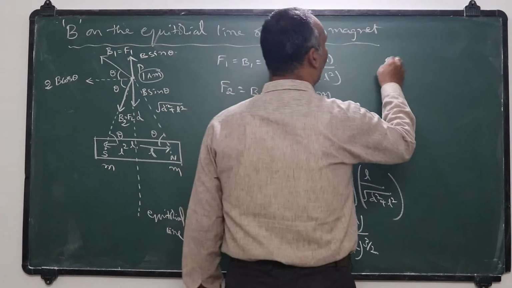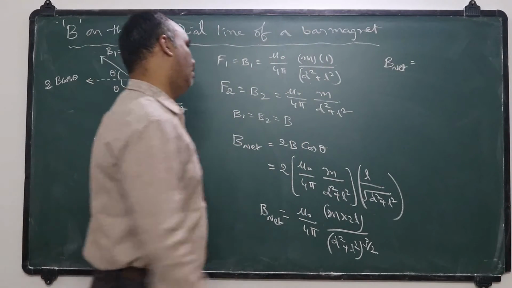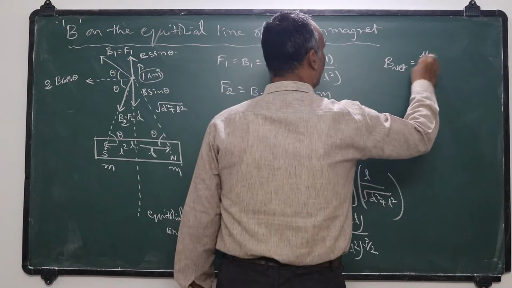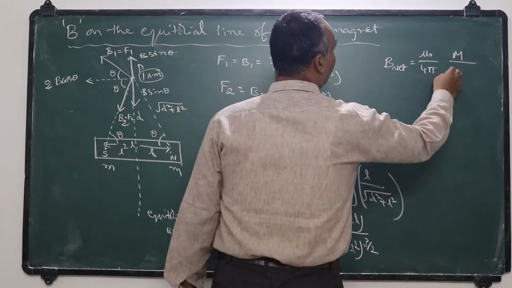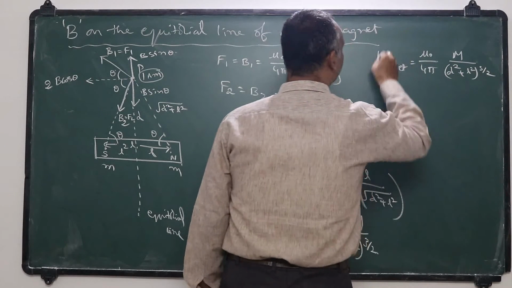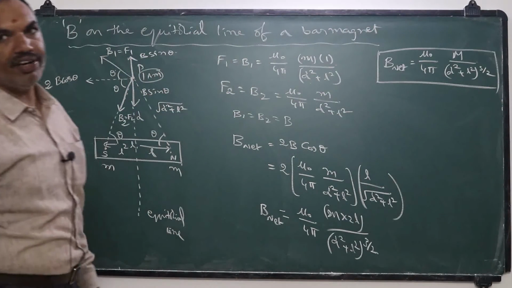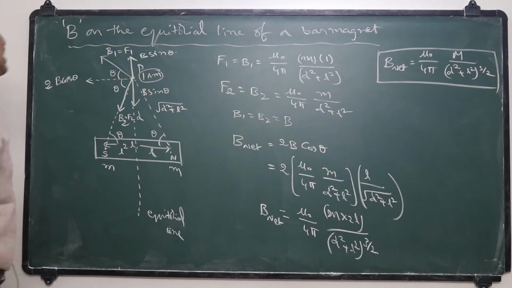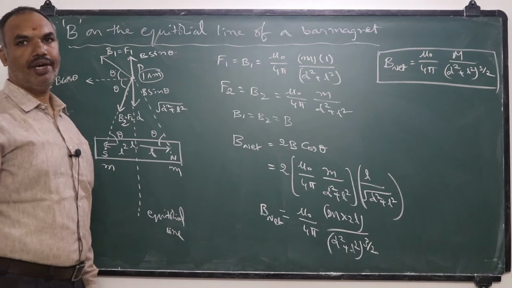B net is given by mu naught by 4 pi into capital M by D square plus L square whole power 3 by 2. This is an important formula for calculation of the net magnetic field at an equatorial point due to a bar magnet.